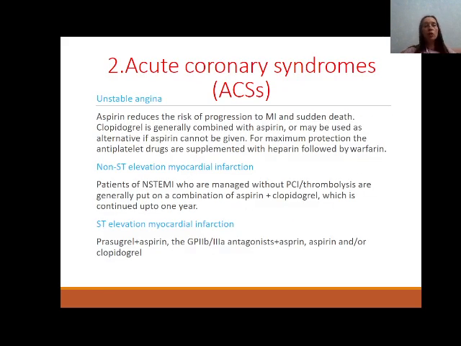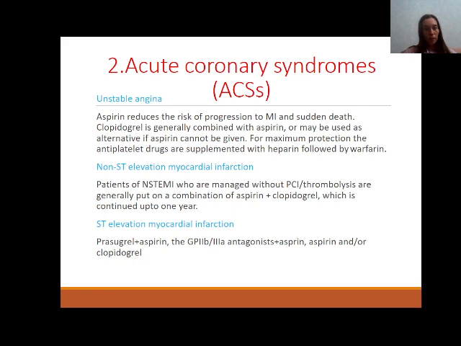Next disease is acute coronary syndrome. So what does it mean? These drugs can be used in unstable angina, in non-ST elevation myocardial infarction, and in ST elevation myocardial infarction. In unstable angina we can use aspirin and clopidogrel.